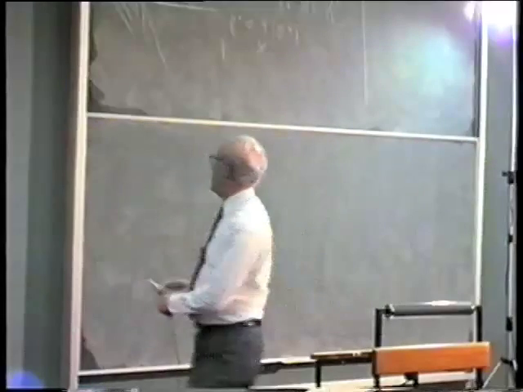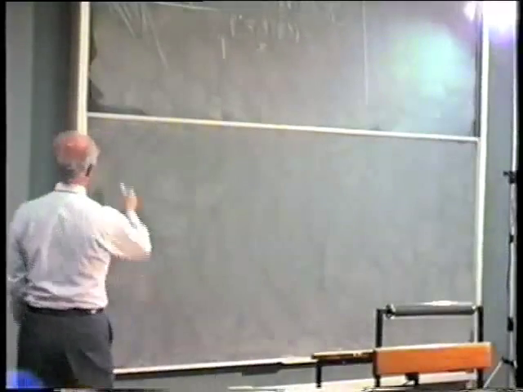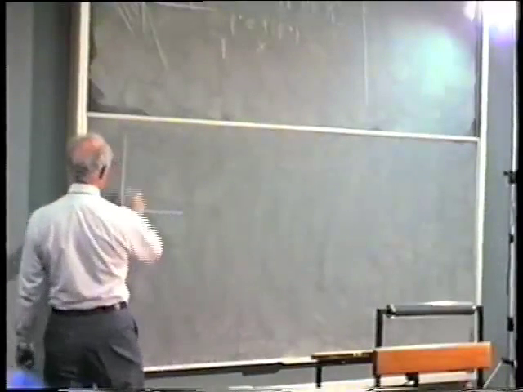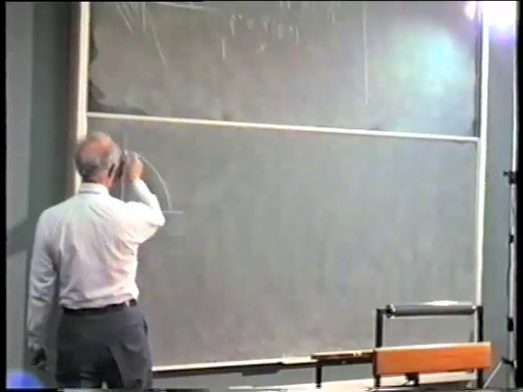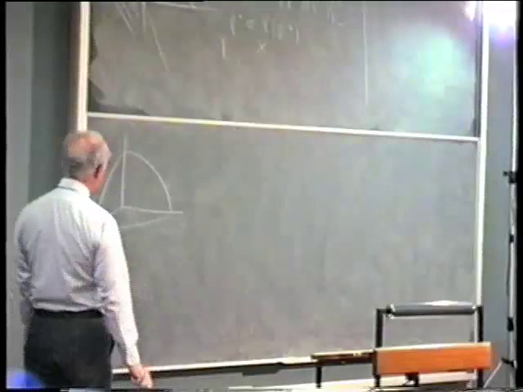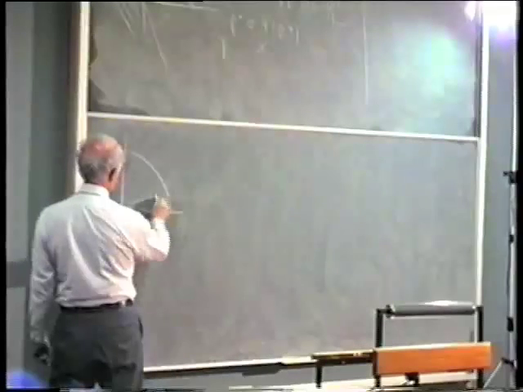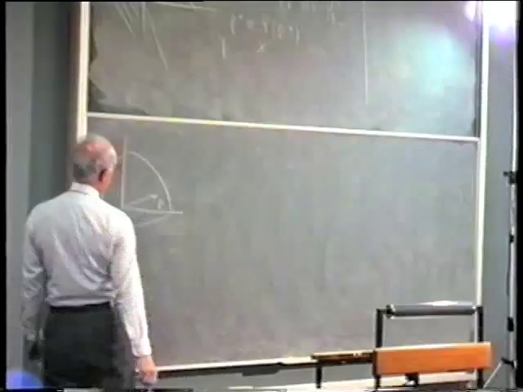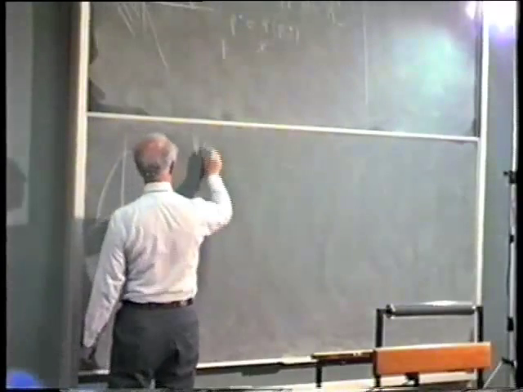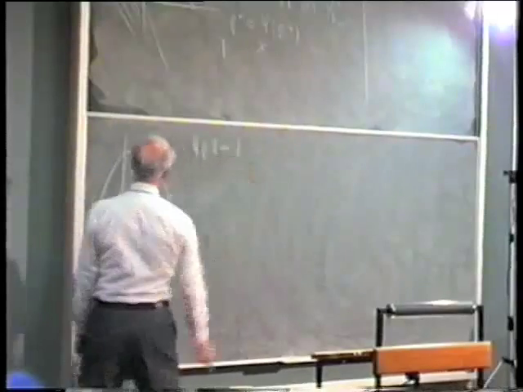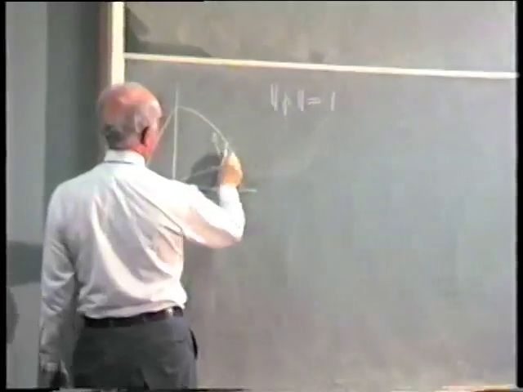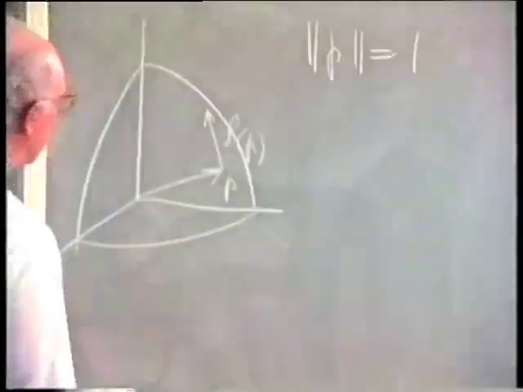I have mentioned briefly on Wednesday that the existence problem could be presented geometrically in this manner. If you have normalized the price vector by taking the length to be 1, then the excess demand function is a tangent vector.